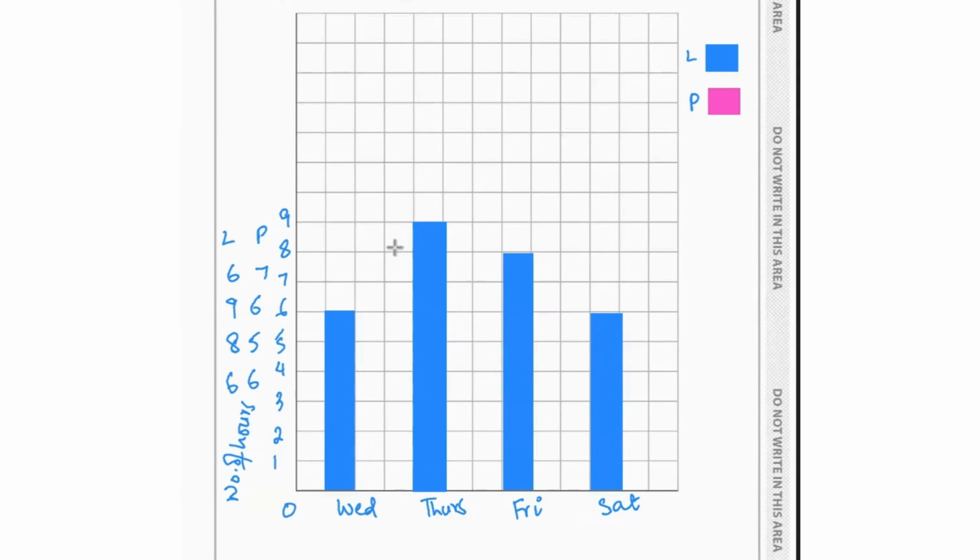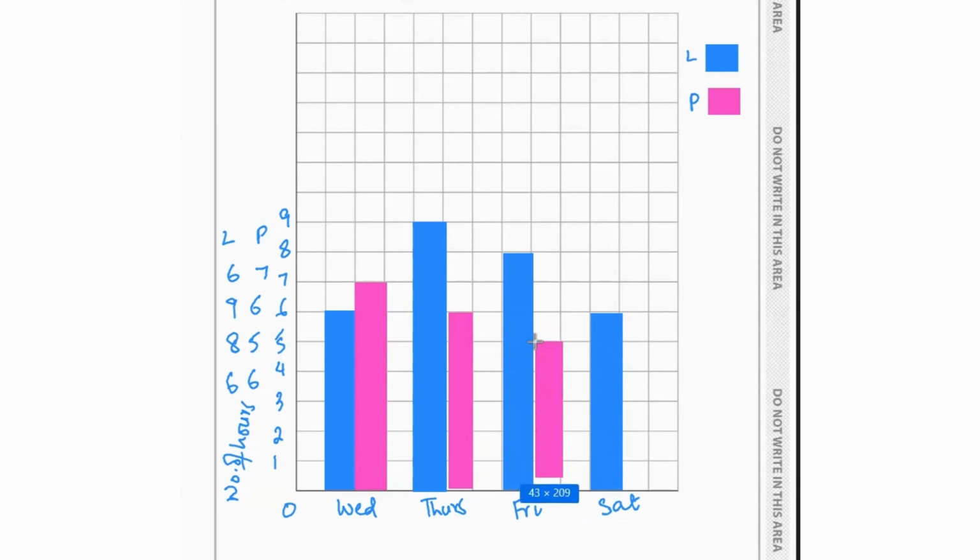Now for the other person, on Wednesday, it's 7. On Thursday, it is 6. On Friday, it's 5. And on Saturday, it is 6.